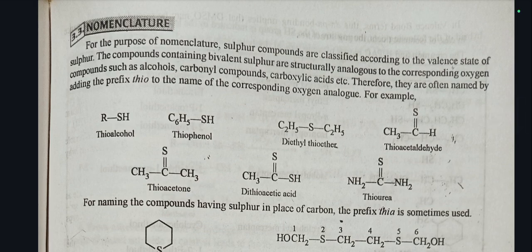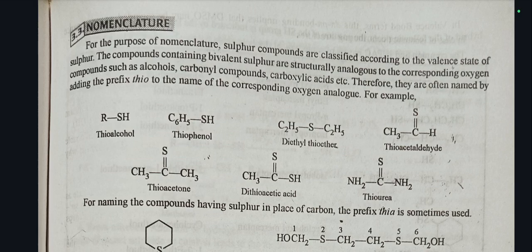Nomenclature. For the purpose of nomenclature, sulfur compounds are classified according to the valence state of sulfur. The compounds containing bivalent sulfur are structurally analogous to the corresponding oxygen compounds such as alcohols, carbonyl compounds, carboxylic acids.